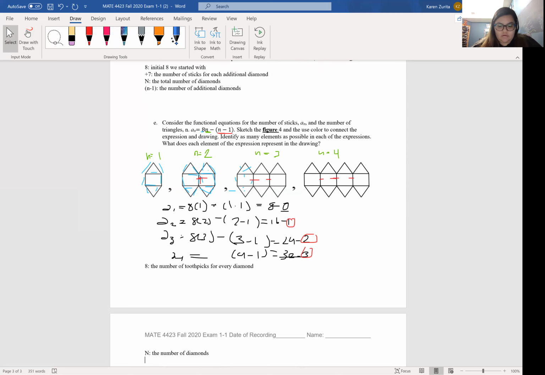So AN is the number of toothpicks per diamond times the number of diamonds.